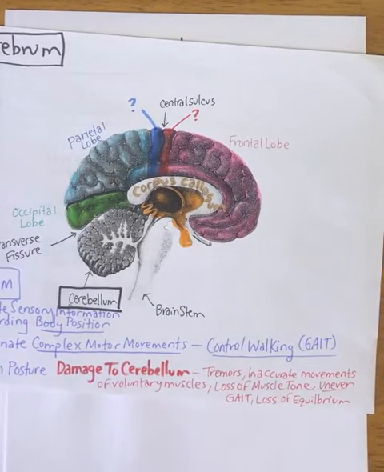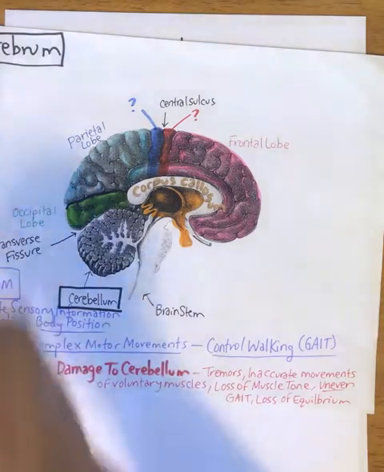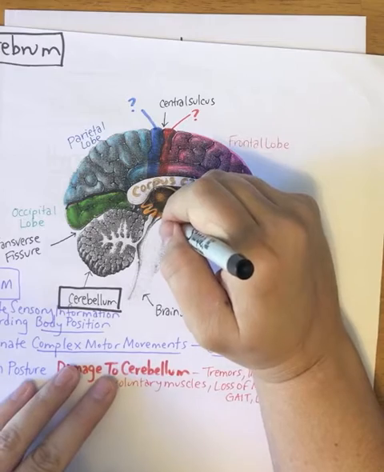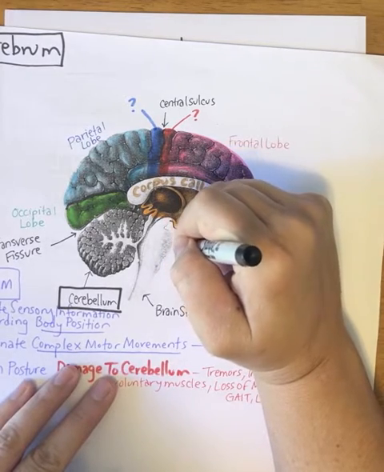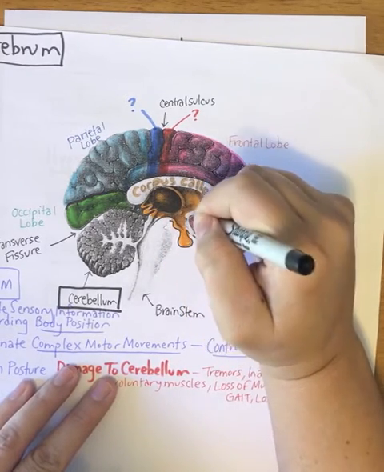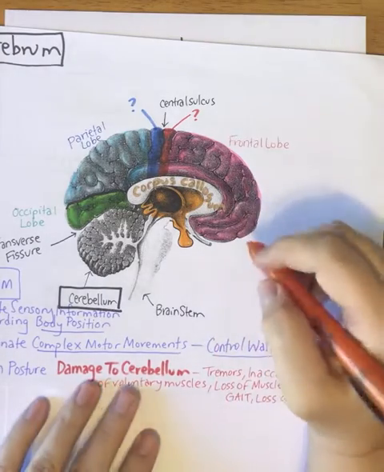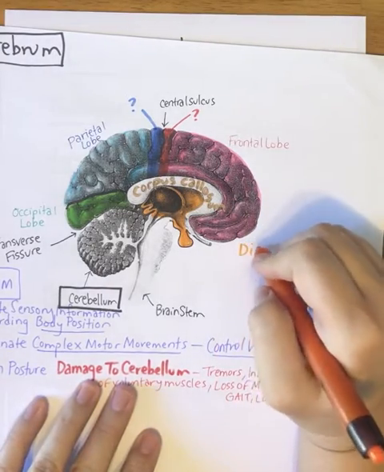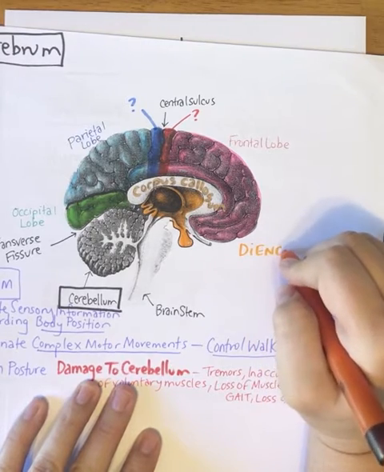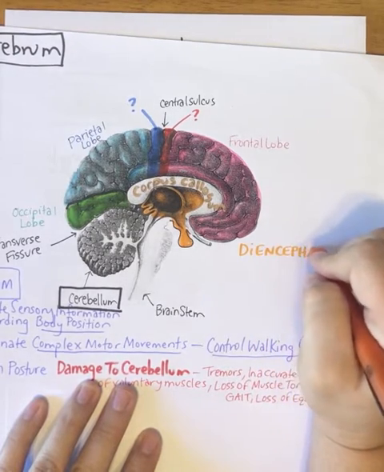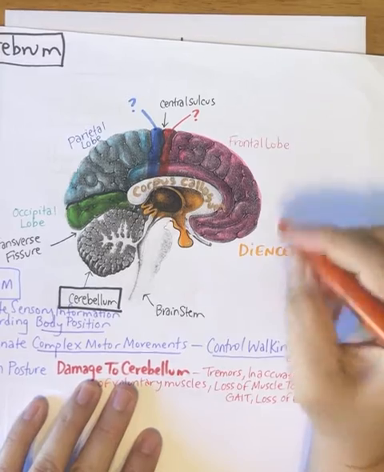Now I should take an outline and outline the pituitary gland just a little bit better. All right, that's your diencephalon. Your diencephalon is in both cerebral hemispheres.